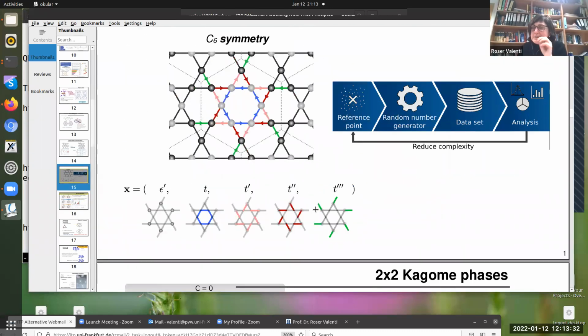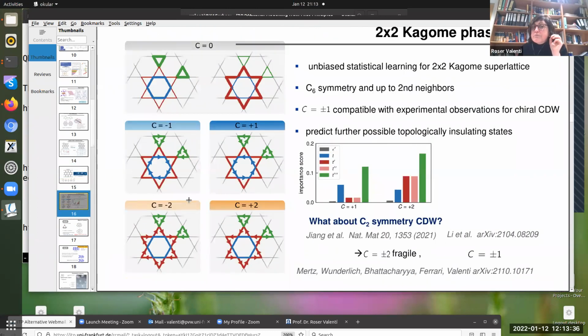What I'm not giving you is the reason why this charge density wave is happening. This is the part I don't have. What I'm saying is this charge density wave should be realized, but the origin of this charge density wave is something that, of course, the statistics won't give me.